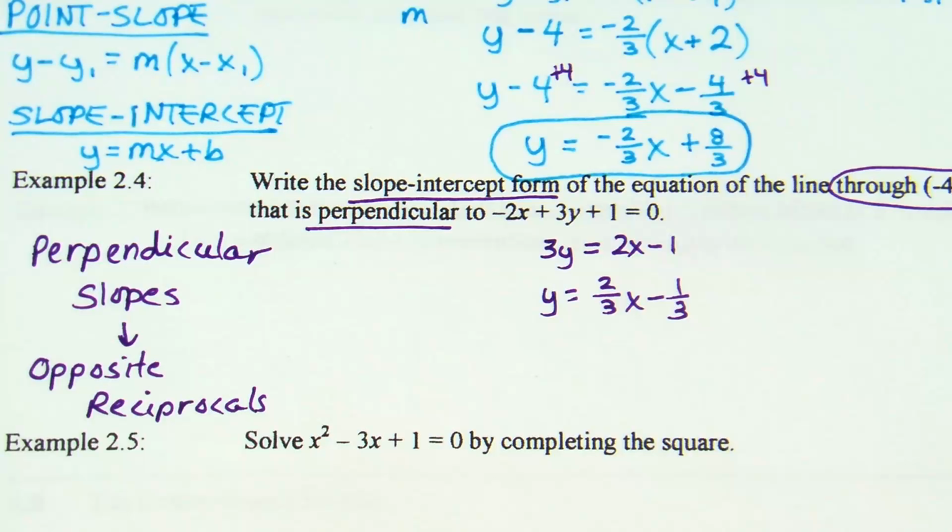So what's the slope of the given line? 2/3. What would be the parallel slope? I threw a trick in there, yes, okay. The parallel, just to throw it out there, parallel lines have the same slope. So parallel would be 2/3.